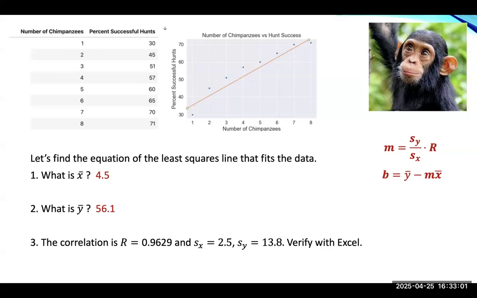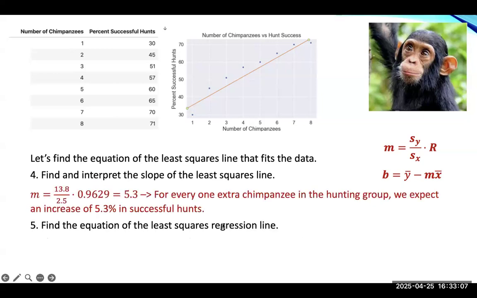Now let's plug all of that information into m and into b. So for m, we're going to take 13.8, divide by 2.5, and multiply by that correlation coefficient, 0.9629, and I got about 5.3. Let's interpret this slope.